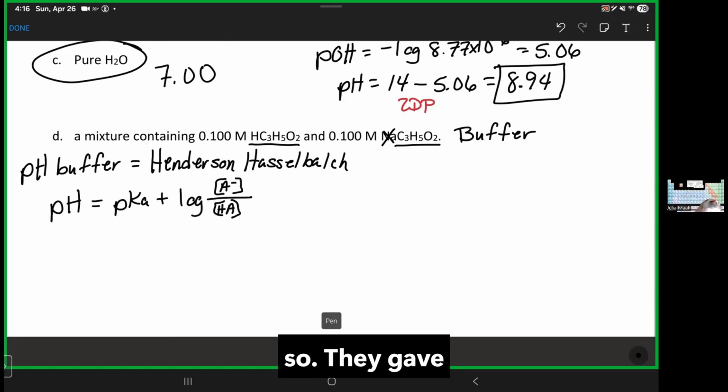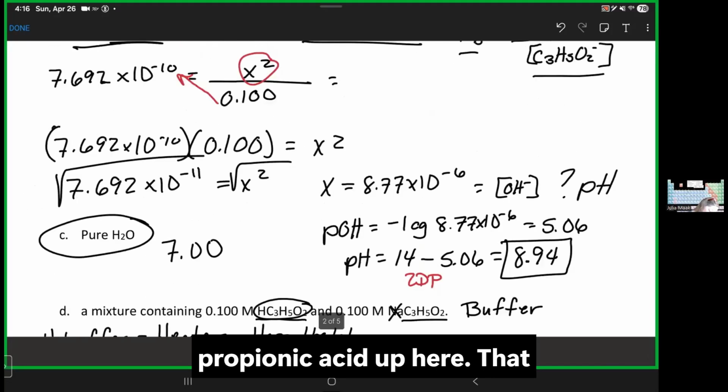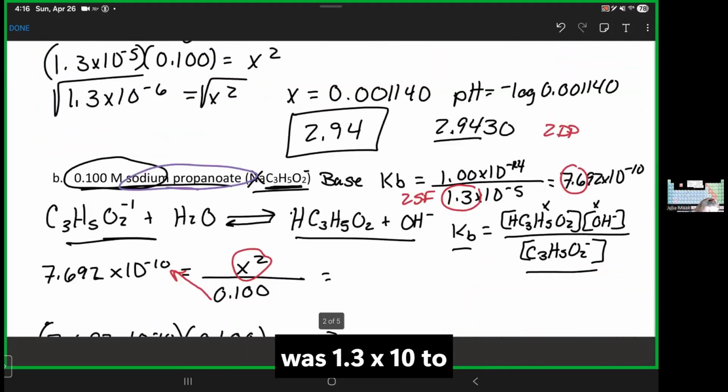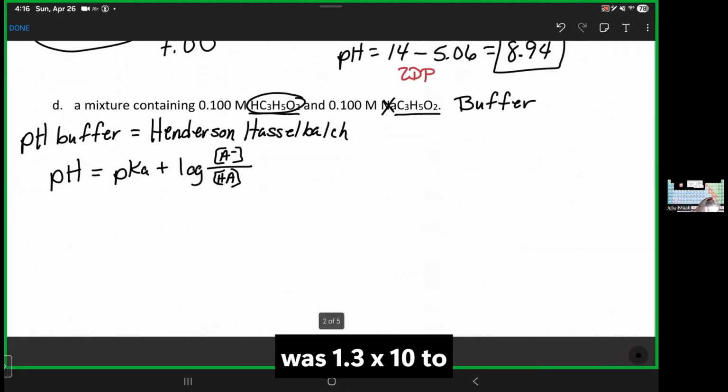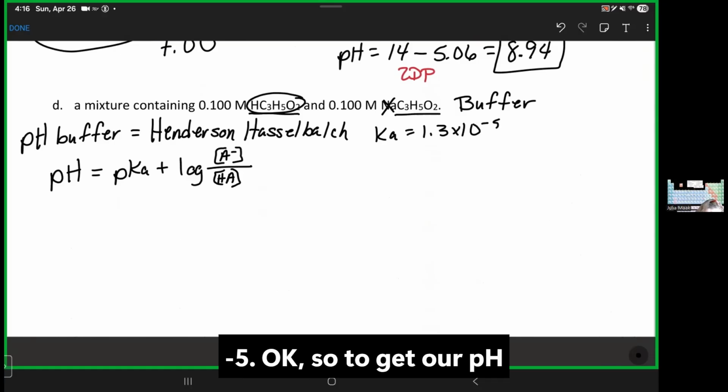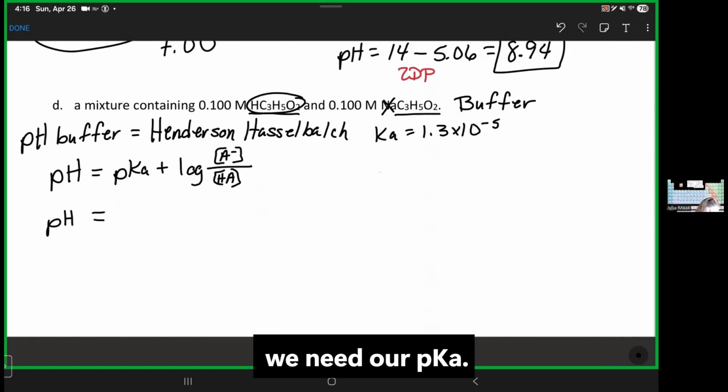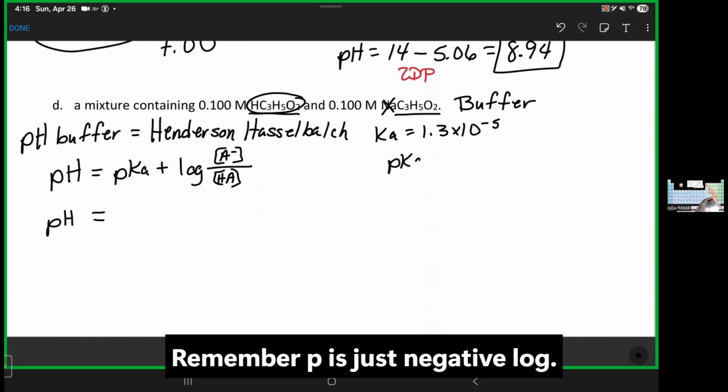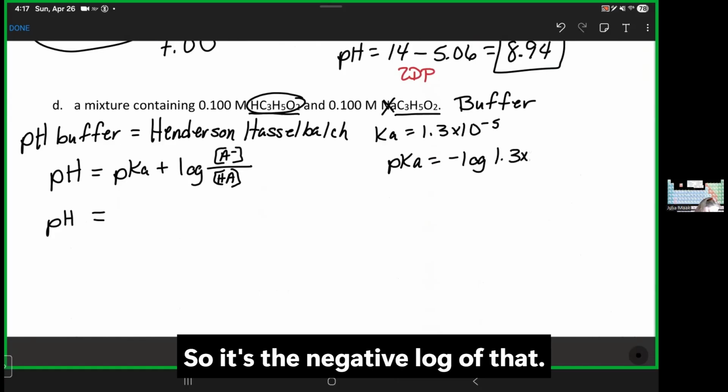They gave us our Ka of the propionic acid up here. That was 1.3 times 10 to the negative 5. So to get our pH, we need our pKa. Remember, p is just negative log. So it's the negative log of that.